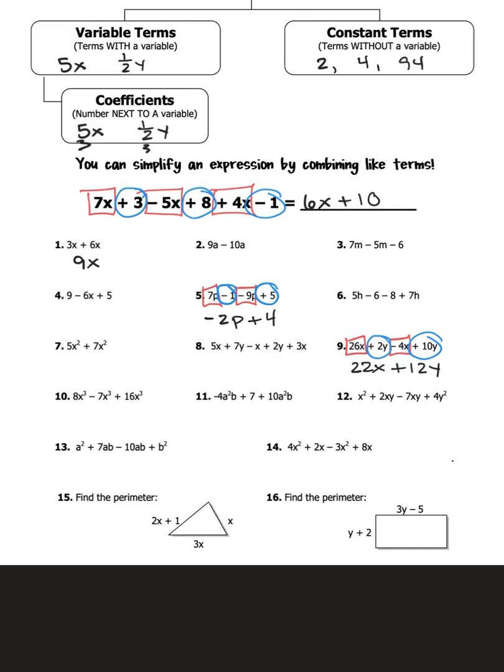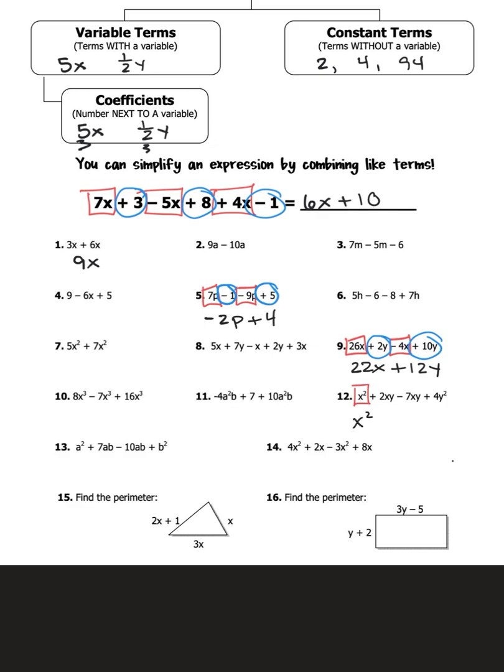All right, so next let's take a look at number 12. We have x squared plus 2xy minus 7xy plus 4y squared. I have x squared here. I do not have another term that combines with x squared, so my x squared is going to stay the same.